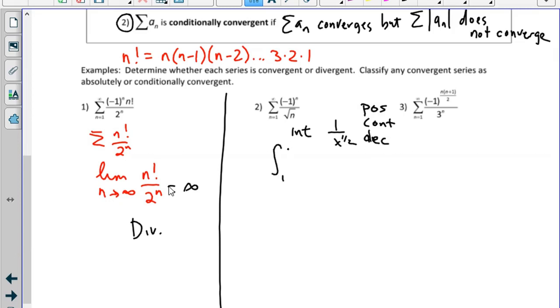And we know that the integral from 1 to infinity of 1 over x to the 1/2 dx diverges by the p-series test. So there are a ton of different ways that we can say that that diverges. So because of that, we know this will not converge absolutely.